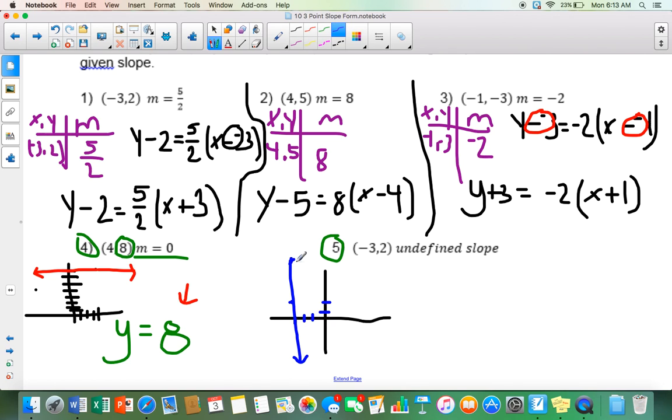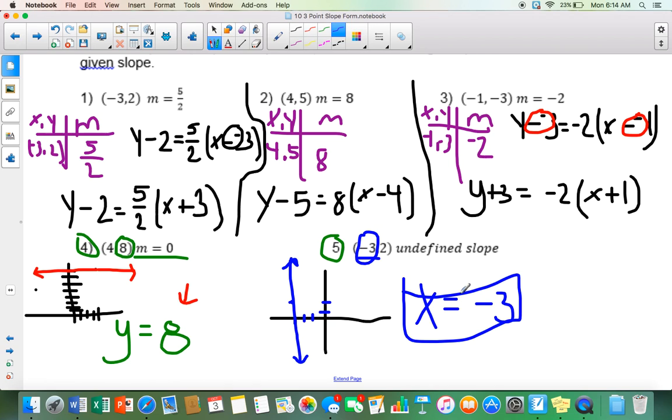So again, with a vertical line, no matter where I draw it, whether it's over here, over here, over here, it's always going through my x-axis. So for an undefined slope, you will always write it as x equals whatever the x value is of that point, which is x equals negative 3. So this is how you write both of these.